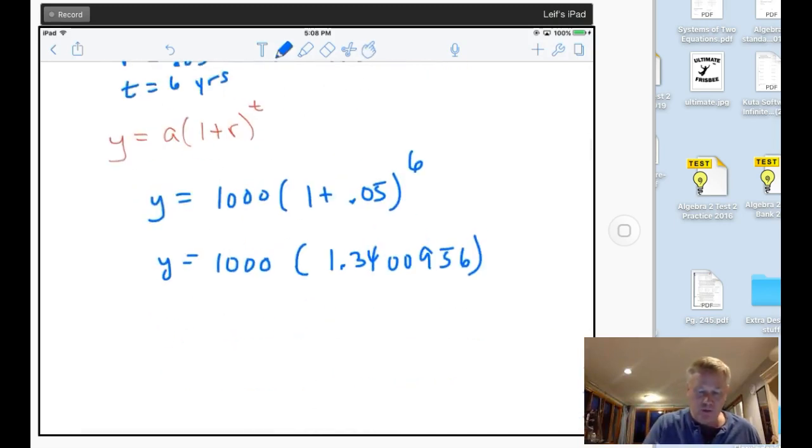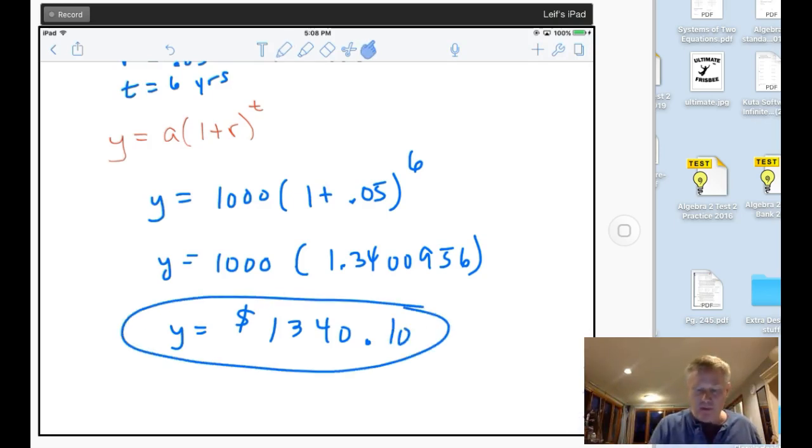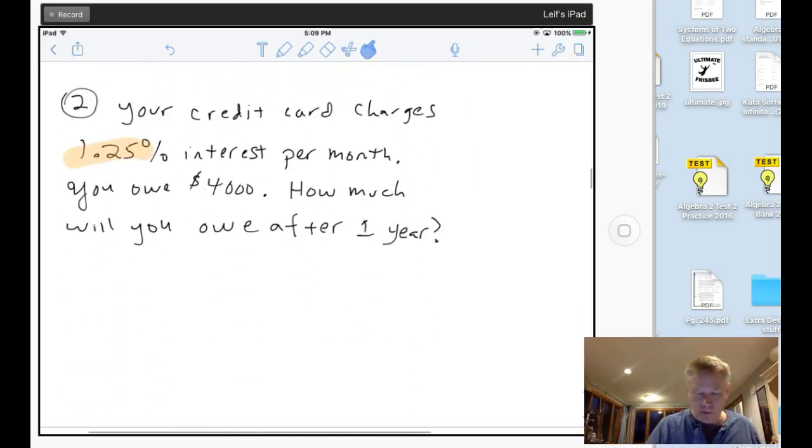If you did that correctly, you should get 1.34009565, etc. And then you multiply those two things together, and you get an answer of $1,340.09, or 10 cents if we round off. Okay, that's the answer.